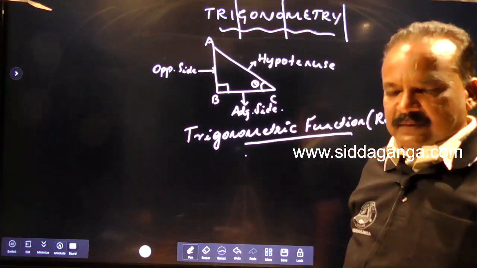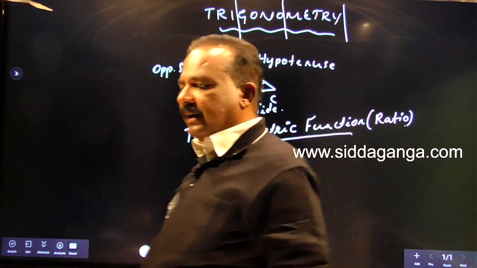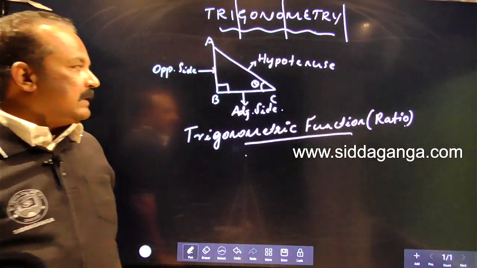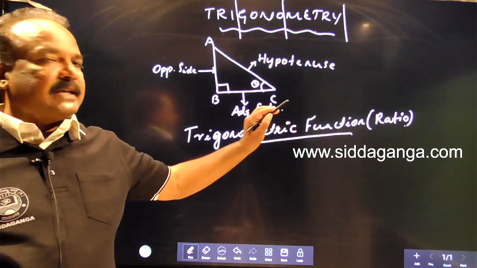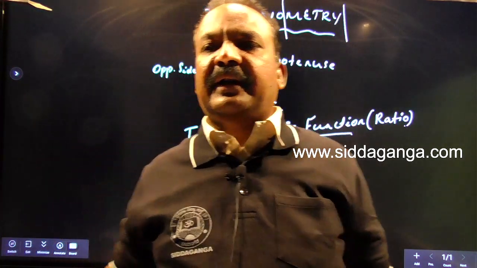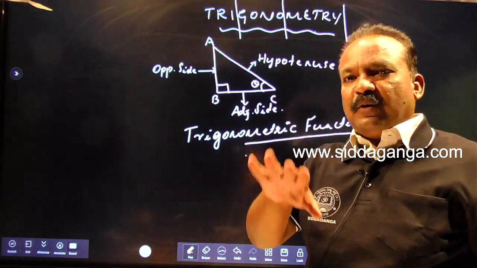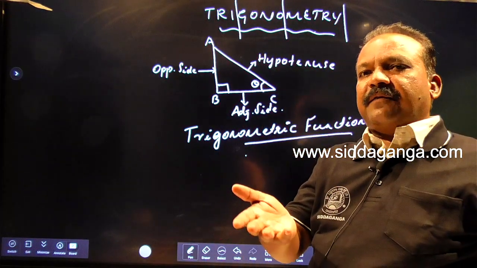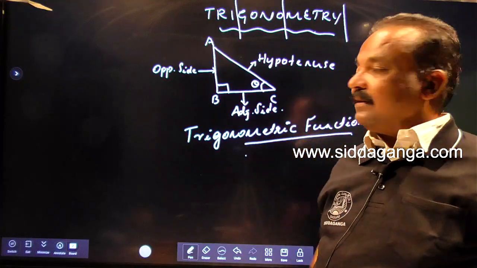Look, this is not there in any textbook for you. What is a trigonometric ratio? The ratio between any two sides of a right angled triangle is called trigonometric ratio. The ratio between any two sides of a right angled triangle.